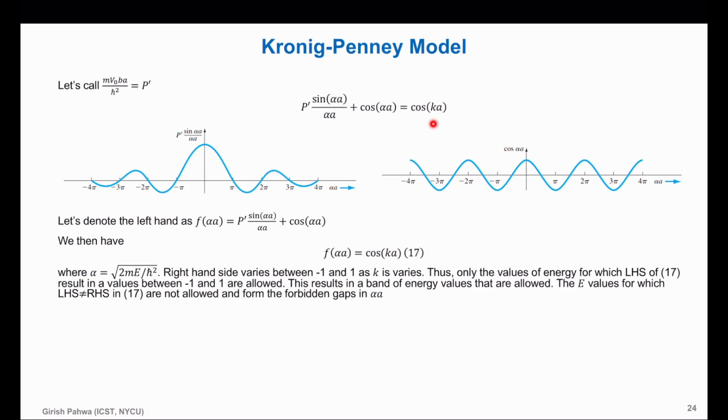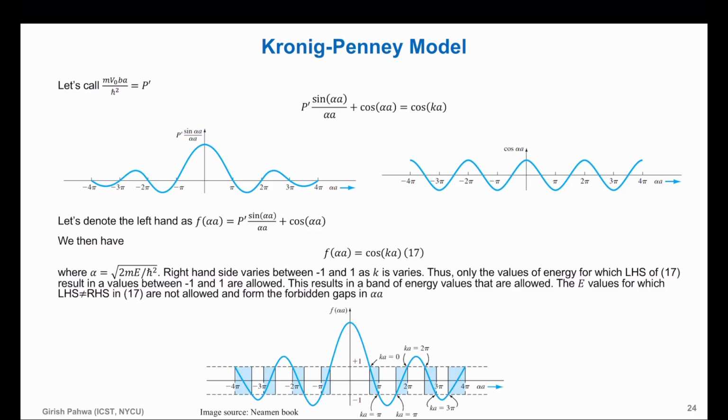So only those values of energy for which my left hand side, f of alpha a, is between -1 and 1 are allowed values of the energy. So I'm going to plot the -1 line and the 1 line, and all the values in between will be my allowed values. All the values outside will not be allowed.